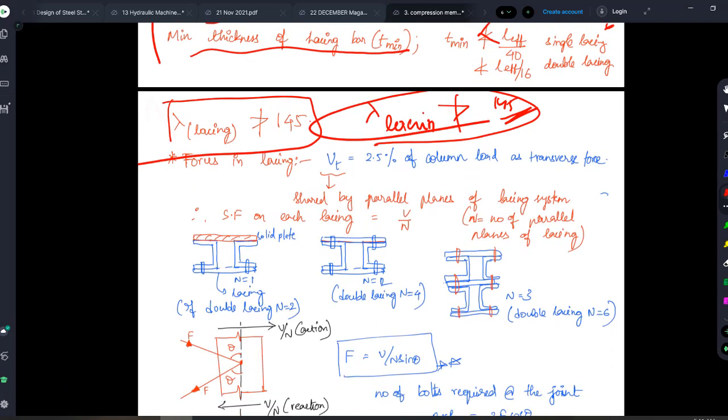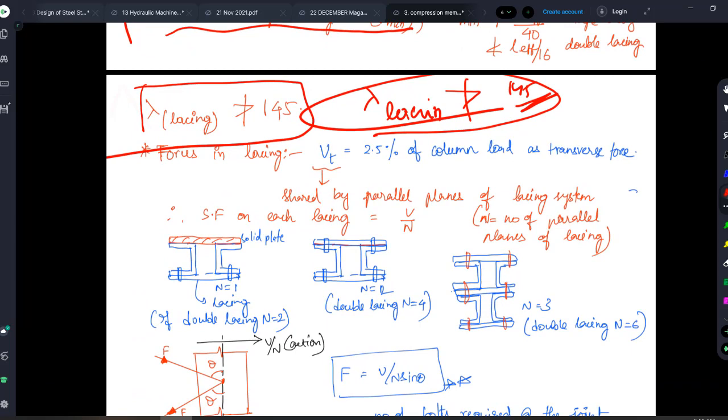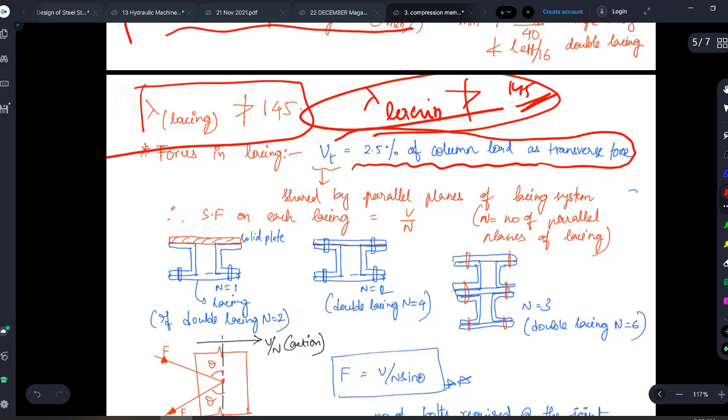You need not calculate in depth, you need not do experiments and find out. You can just take the horizontal shear force acting on my column, the Vt, as 2.5% of my column load as transverse force. So if the column I have is capable of taking, let us say, 1000 kilonewton, what is the horizontal force I'm going to assume?